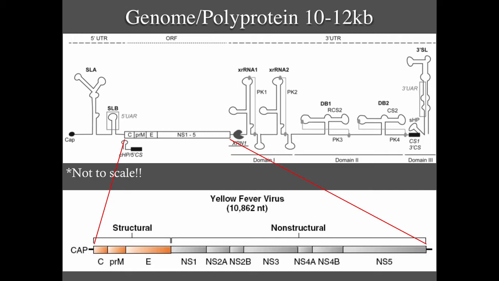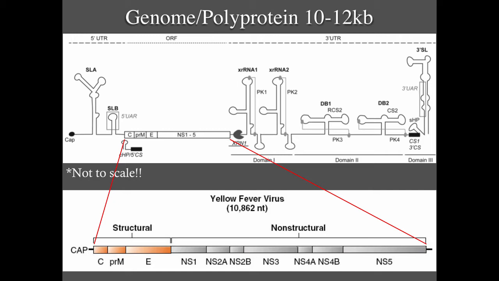A lot of detailed genetic work has shown that if you mutate one of these cyclization sequences, you stop virus replication, but if you change the other one so that you repair Watson-Crick base pairing, then you can restore it. So it's actually that complementarity, not necessarily the sequence itself, which is responsible for virus replication.